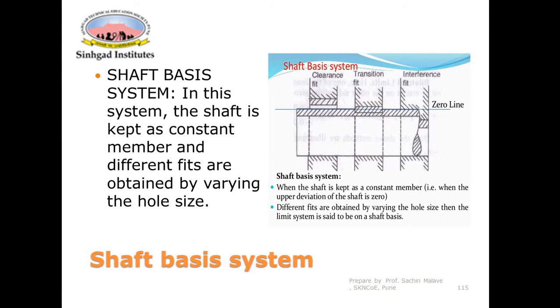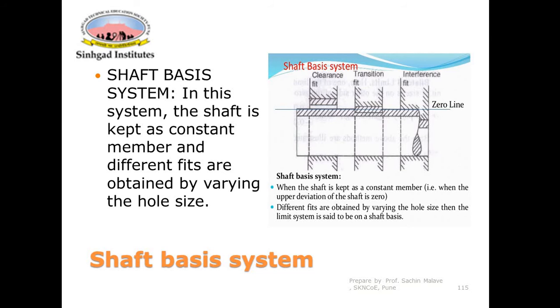So in case of the shaft based system, it is opposite to the hole based system. The size of the shaft is kept constant. So you can see this 1 2 3. These three lines from here to here represent the size of the shaft.